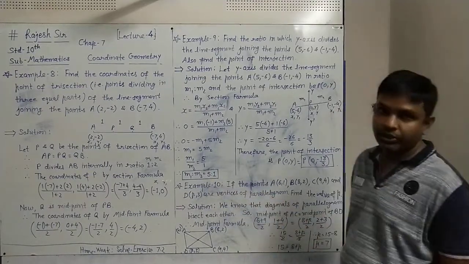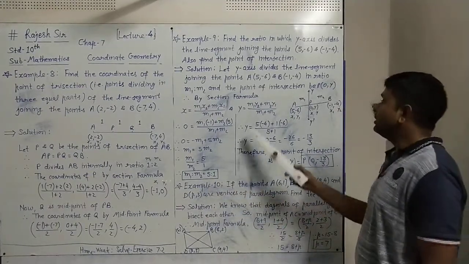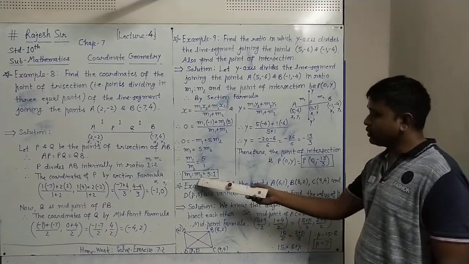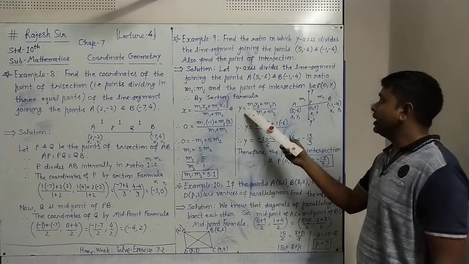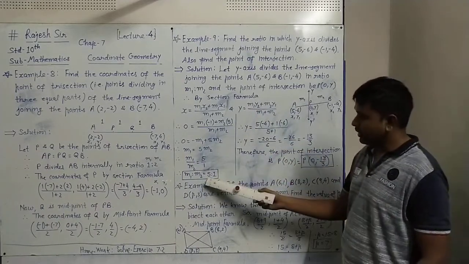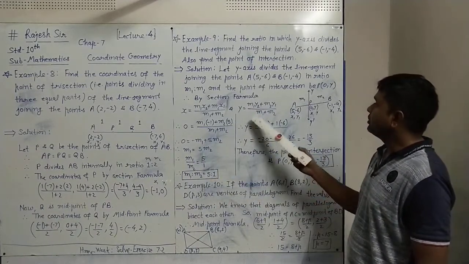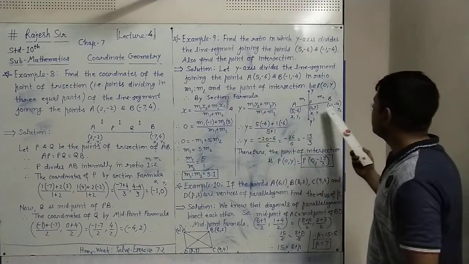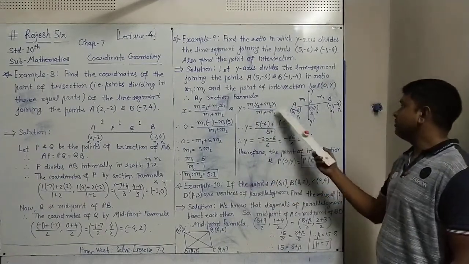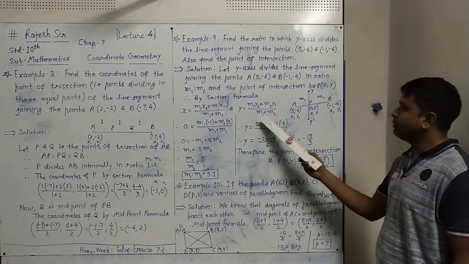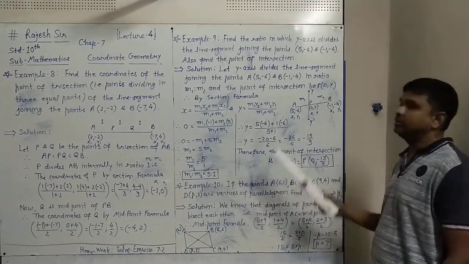is to 1. Now, since we got the ratio 5 is to 1, we can use it in the y coordinate. So y equals m1 is 5, y2 is minus 4, plus m2 is 1 and y1 is minus 6, upon m1 plus m2, which is 5 plus 1.